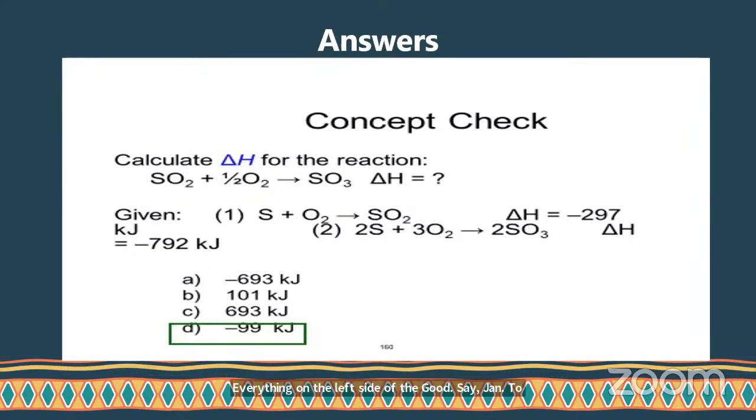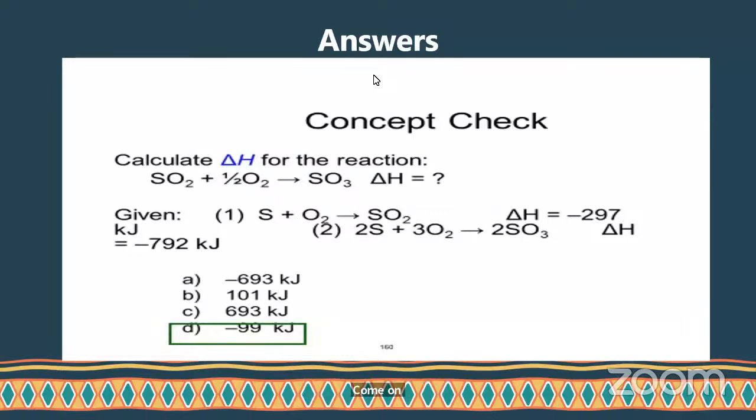So can we confirm that with the desired equation? Let's go to the desired equation. This is the desired equation, so we are correct. SO2 plus half oxygen to give us SO3. Now, what is the enthalpy change? Quickly give me the answer. I'm going to the chat box. Can I have the answer?